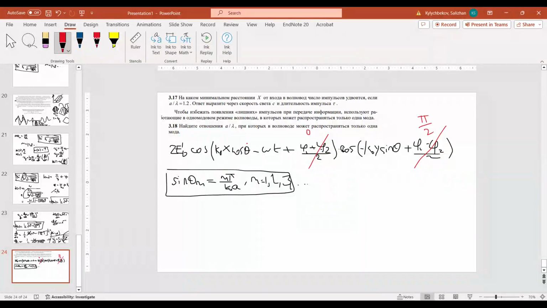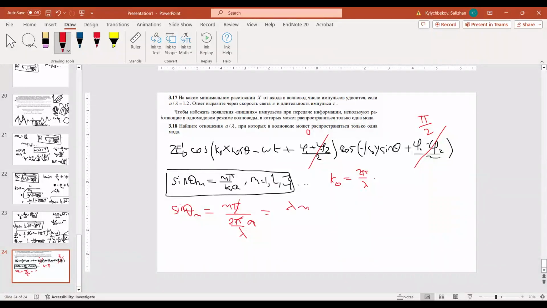At what minimum distance x from the entrance to the waveguide will the number of pulses double? If a divided by lambda, k0 is equal to 2 pi divided by lambda. Yeah, it's obvious. So the sine theta condition for a waveguide is m pi. k0 is 2 pi divided by lambda multiplied by a, equal to pi, and pi cancels out.